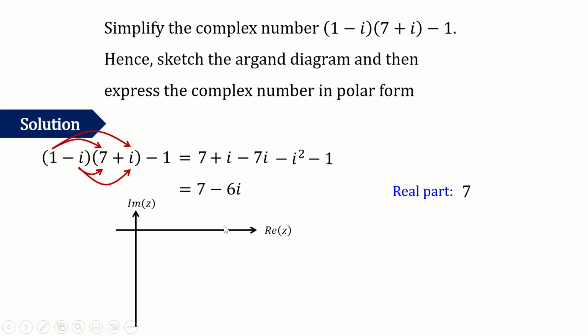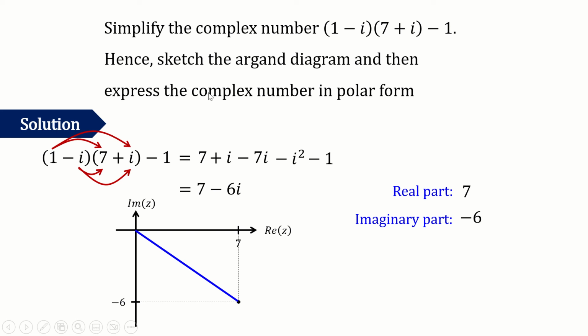So we draw the 7 here, at the right side of the real axis, and then the imaginary part is negative 6. So negative 6 is below here, and the point (7, negative 6) is somewhere around here. And then we draw a line from the origin to this point. Alright, so we get the Argand diagram for this complex number 7 minus 6i.